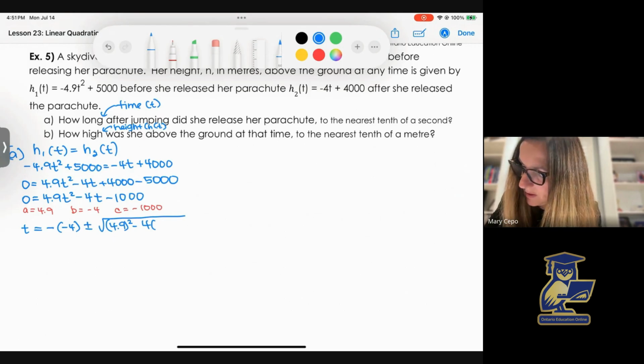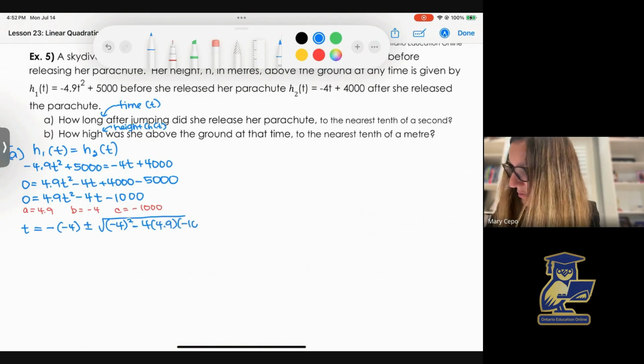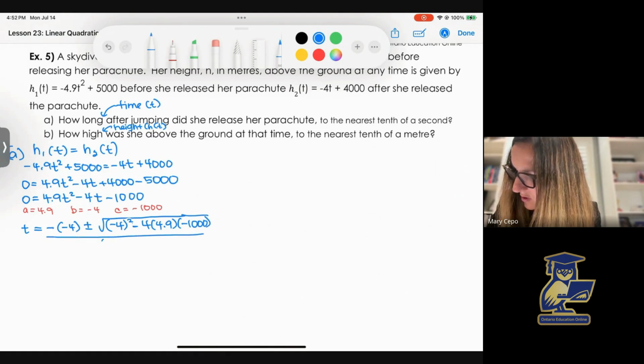Oops, I put b squared and I wrote 4.9, so I meant to write negative 4 all squared, minus 4 times a, which is 4.9, times c, which is negative 1,000, all over 2 times a, which is 4.9.